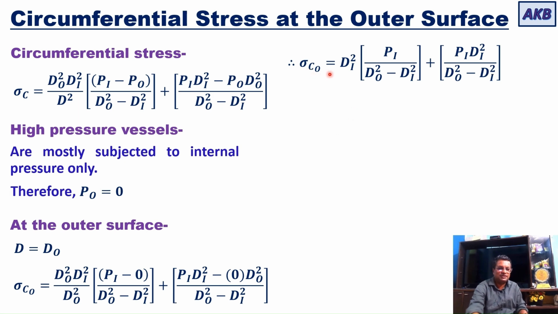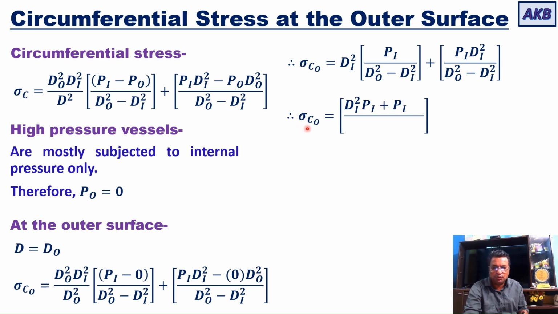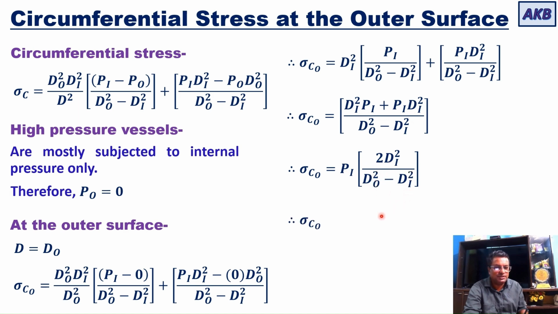You are left with sigma CO is equal to di square into Pi upon dO square minus di square plus Pi di square divided by dO square minus di square. That means sigma CO will be equal to di square Pi plus Pi di square upon dO square minus di square. So Pi di square plus Pi di square is 2 times Pi into di square, divided by dO square minus di square.